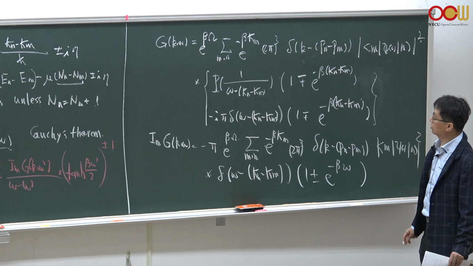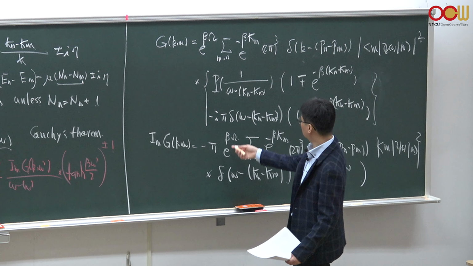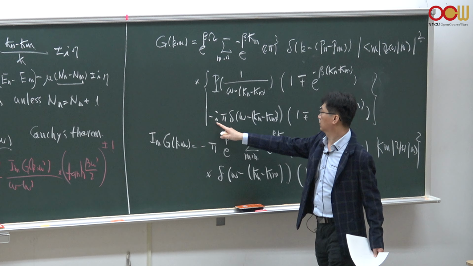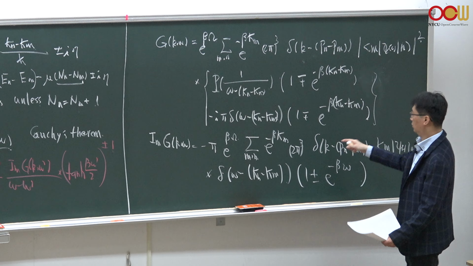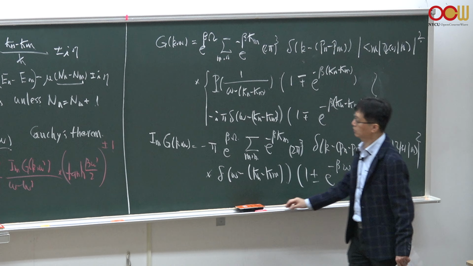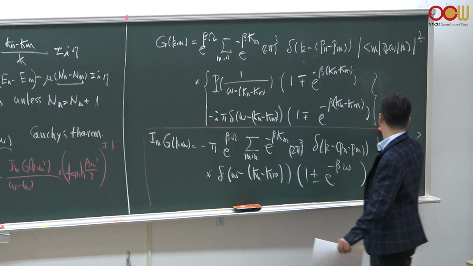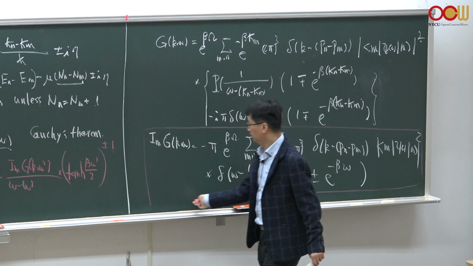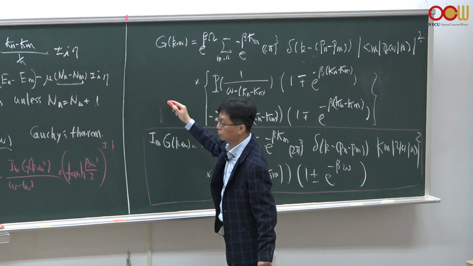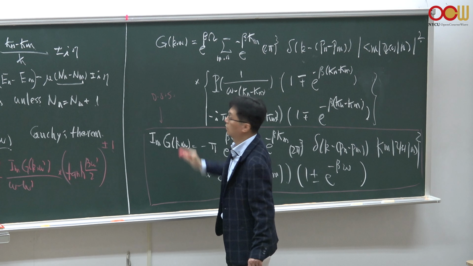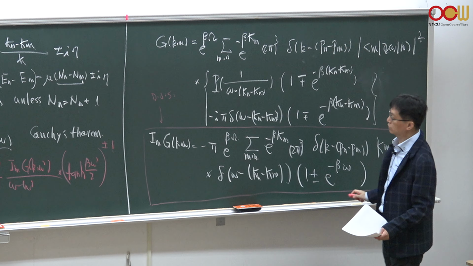Okay, so you could also just separate this imaginary part, which is the minus iπ delta part. This imaginary part is very important because this is going to be the thing that you measure in your laboratory, because this is proportional to the density of states.